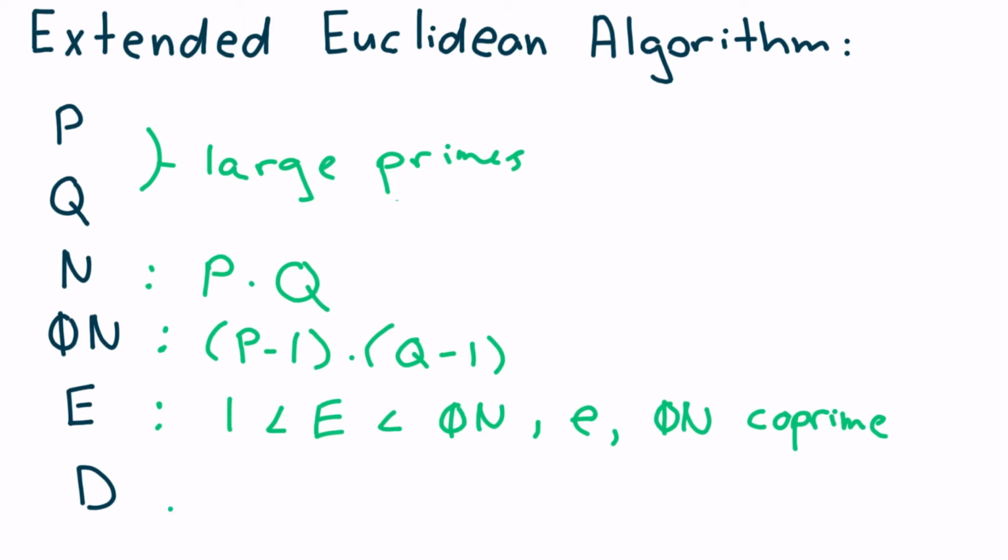Finally computes D in the equation E times D mod phi of N equals 1, plugging in the values of E and phi of N and solving for D. The EEA addresses this very last component of key generation, namely how one goes about computing D in this equation.